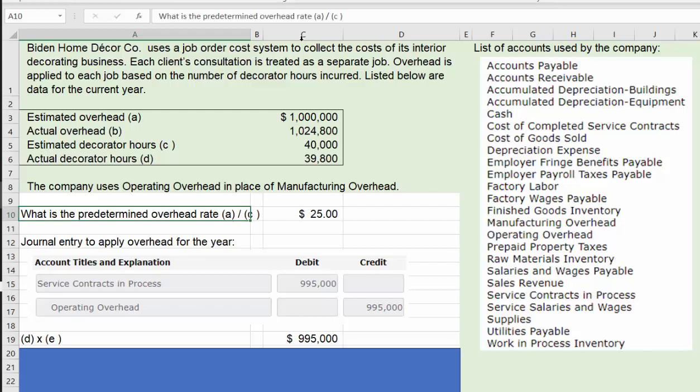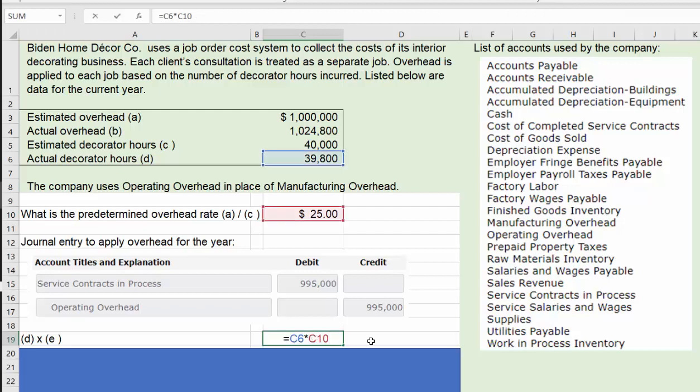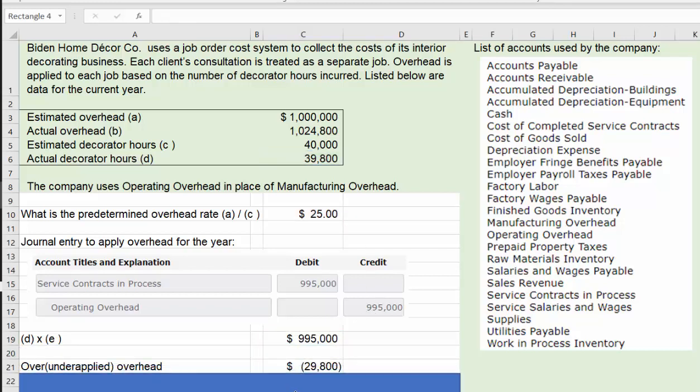Okay, so I'll add that. Now, that's $995,000. Again, hit the F2, you can see my math. Take the actual hours times the predetermined rate, and that's where we came up with $995,000.